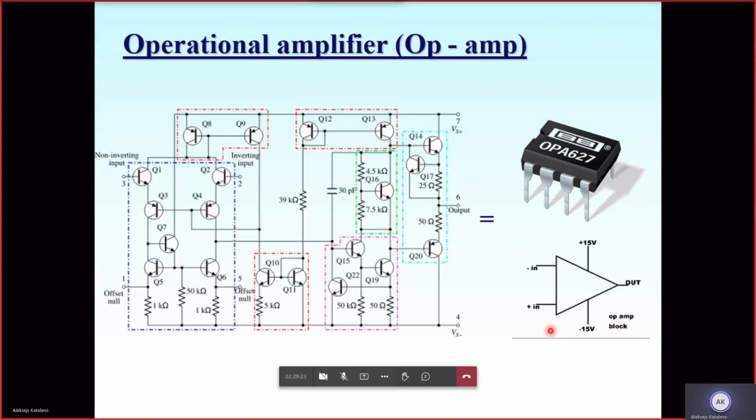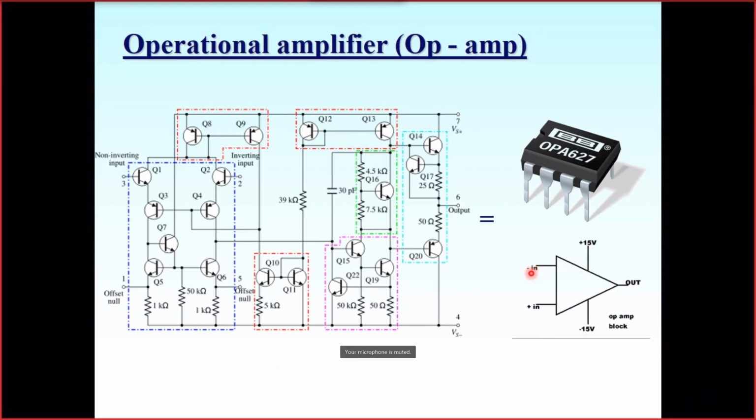Sometimes it's absolutely necessary to show both inputs of this amplifier, and a little bit later you will understand why they are plus and minus, and the output. Sometimes the power supply lines are not drawn, because it's understood from the context that we have to connect them to power.